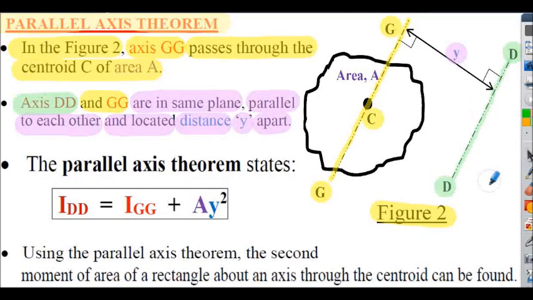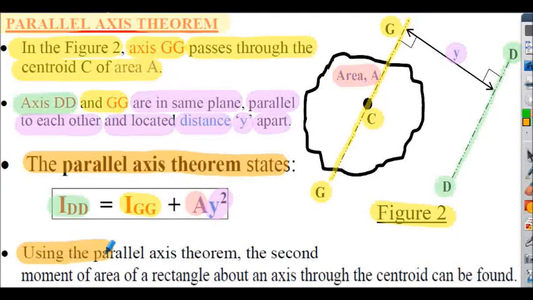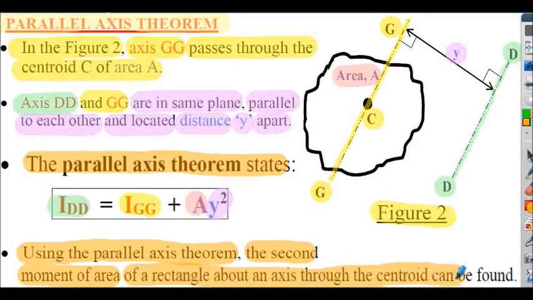So the parallel axis theorem states that IDD is equal to IGG plus the area A multiplied by y squared. So using the parallel axis theorem, the second moment of area of a rectangle about an axis through the centroid can be found. Indeed, the same process can be applied to any section, but we consider the rectangle on the previous slide.